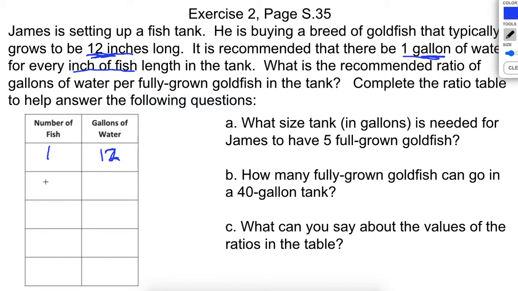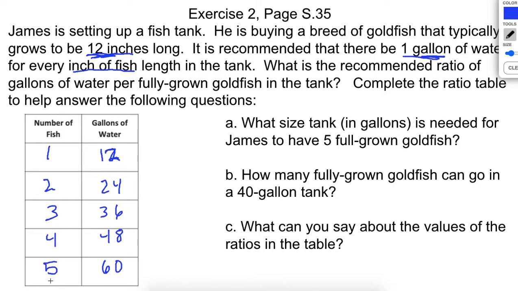So then we can just build our table. 1, 2, 3, 4, 5. And then this is going to be 12, 24, 36, 48, and 60.